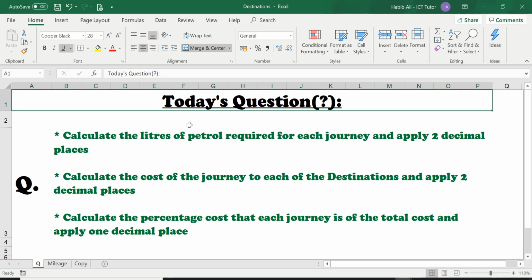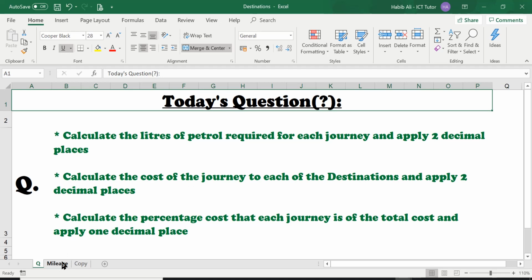Now these three questions will give you plenty of opportunity to practice and use absolute cell references in formulas, so you understand it fully. I have explained absolute cell references in lesson 29, but I wanted to create this lesson to explain it further, because absolute cell references are one of those things that you may not get straight away.